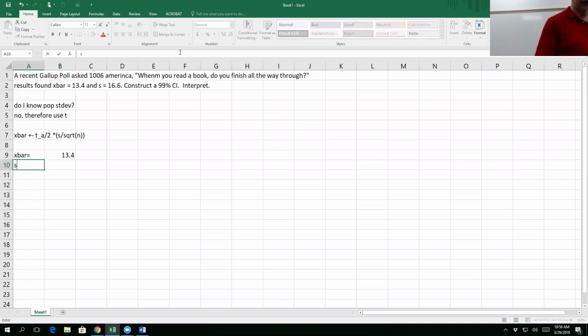And S equals 16.6. I need my T sub alpha over 2. And in order to find my T sub alpha over 2, what else do I need to know? I need to know my N. I need to know my degrees of freedom. It's a 99% confidence interval.